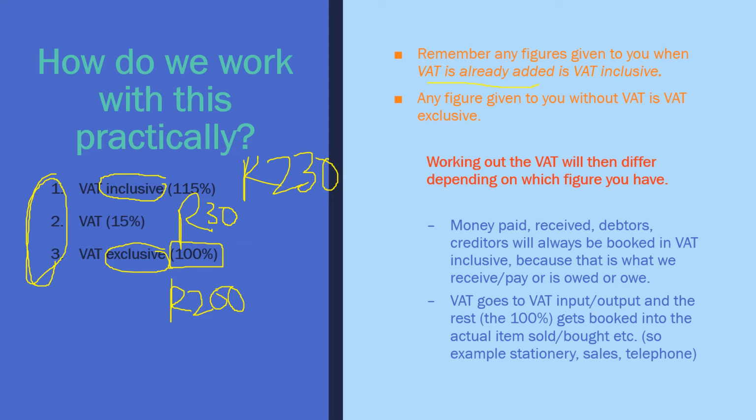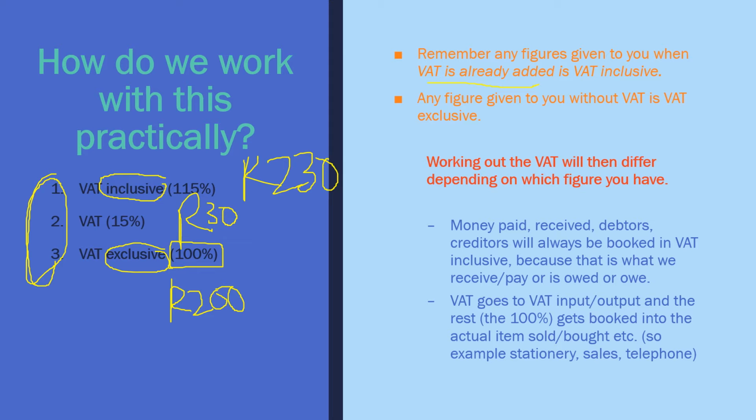So that is why we need to be able to play around with these 115, 15, and 100%, so that we are able to move ourselves from 100 to 115 or from 115 to 100, so that I'm able to work out the VAT and know how much I owe SARS or how much they owe me.